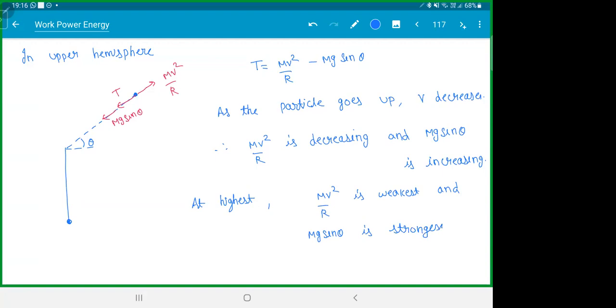So think about it. At the highest point, if mv square by r can balance mg sine theta, then you'll complete a circle, isn't it? If you can somehow balance at the highest point, then no matter where you are, the string can never become loose. Have a look at this page. I will show it in the next page in more detail.